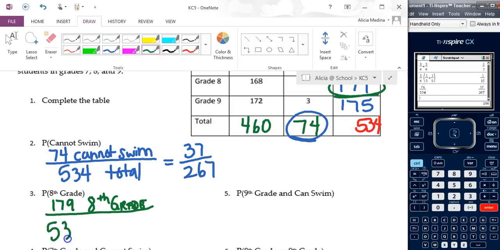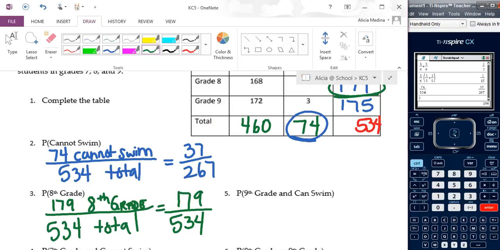So that's still our 534, which is our total. When you simplify 179 divided by 534, it does not simplify to anything smaller. So that's just your answer: 179 over 534 is the probability.